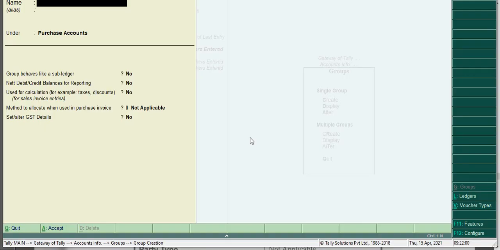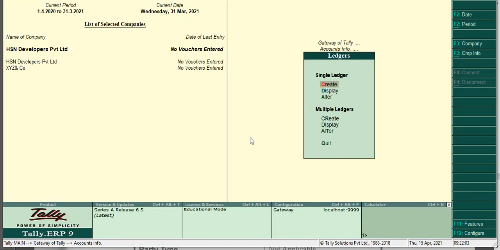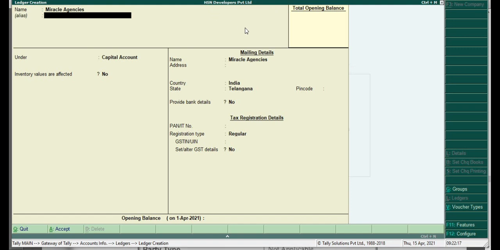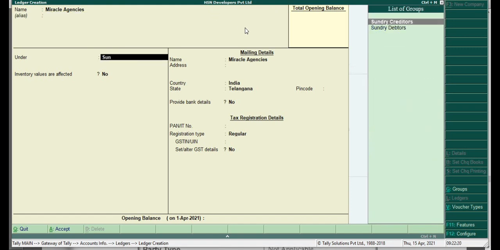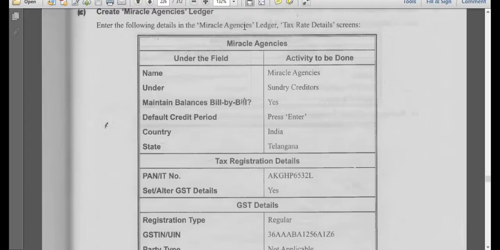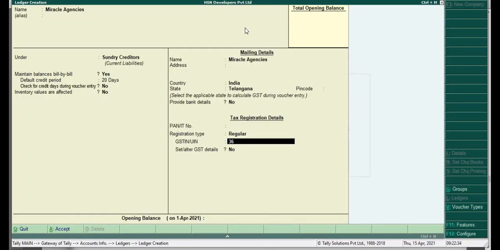Okay, go back, ledger, create Miracle Agencies under sundry creditor, regular GST number 36 AAPFG 1655 C1ZH.